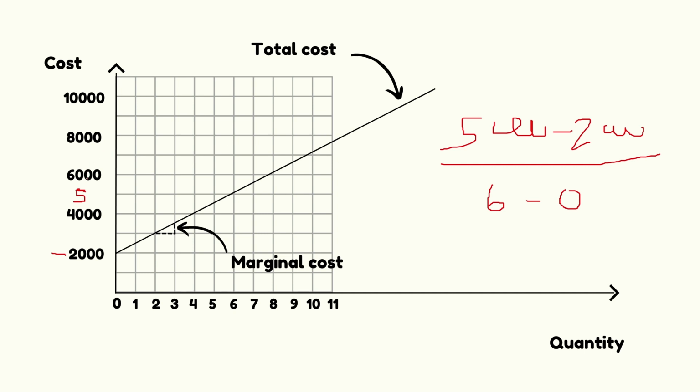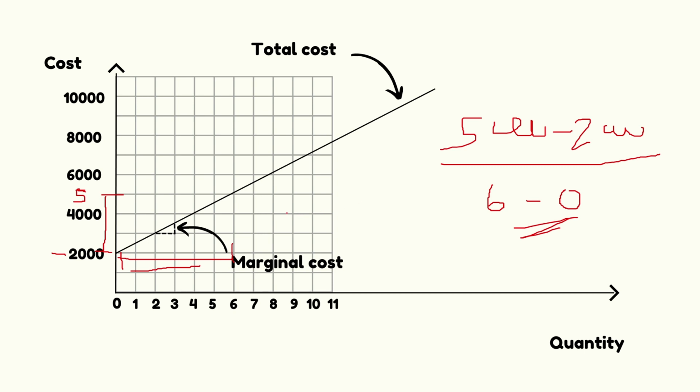5000 is here. We are taking this height and we are taking this distance. So this height represents 5000 minus 2000 and this length is represented by 6 minus 0 here.